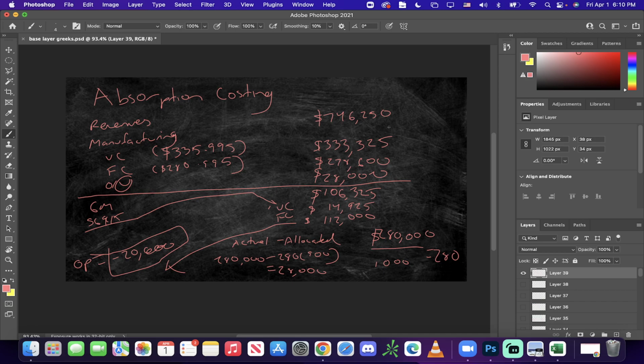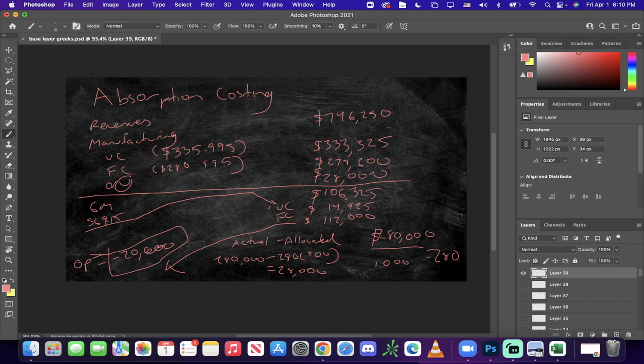Well, the manufacturing fixed cost is the one we just found. I thought the actual manufacturing cost was the 280,000.